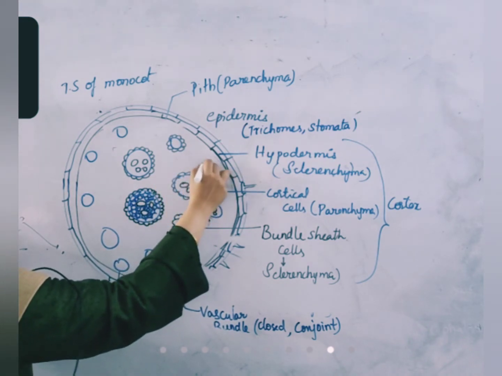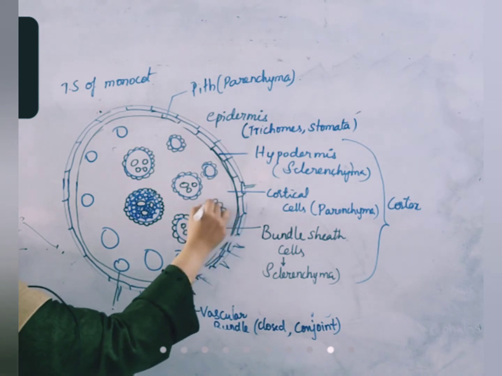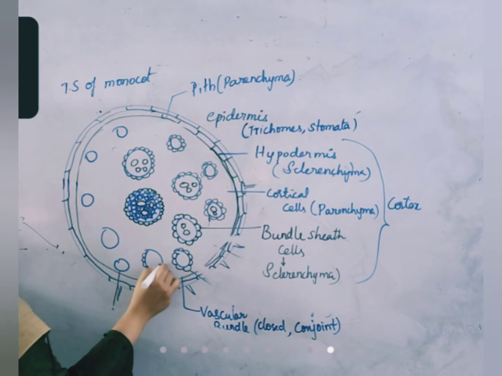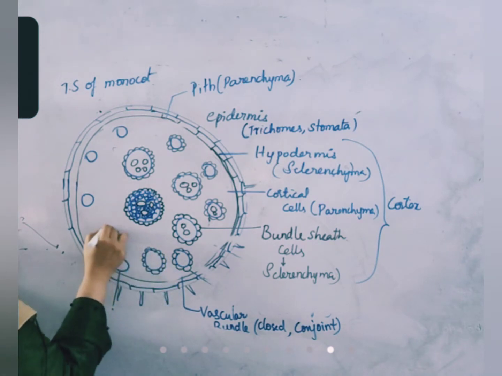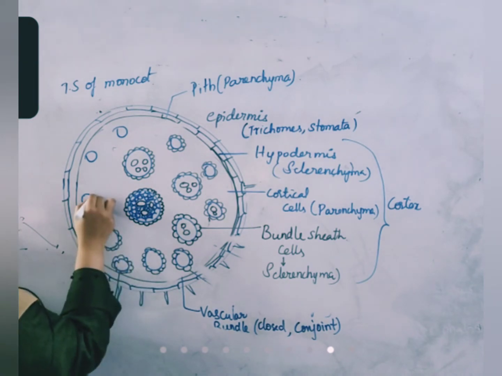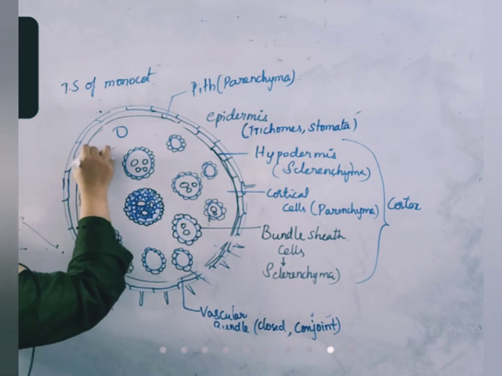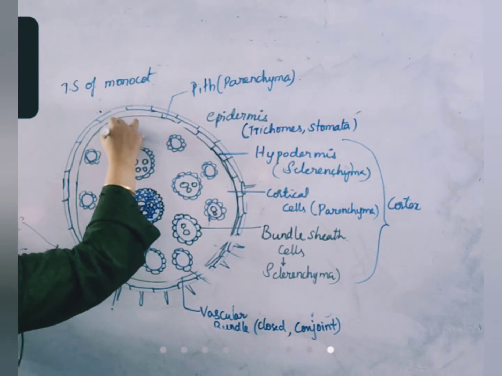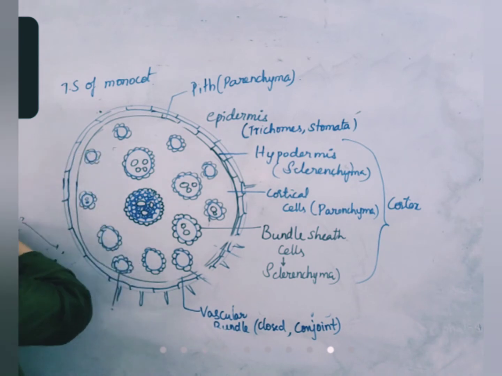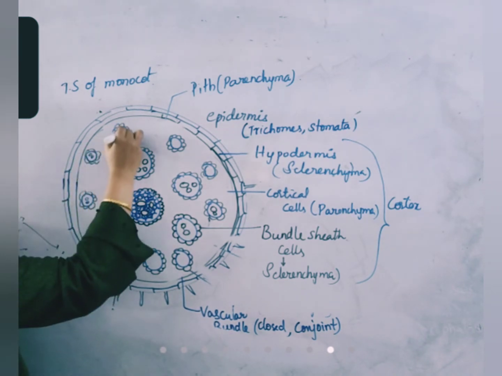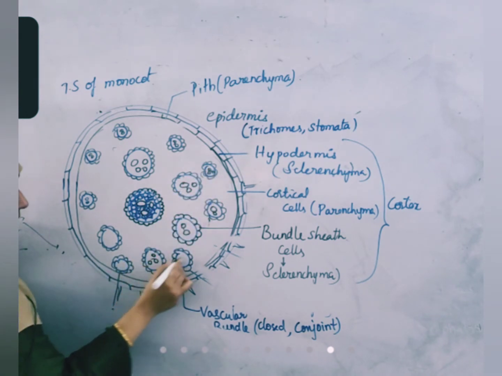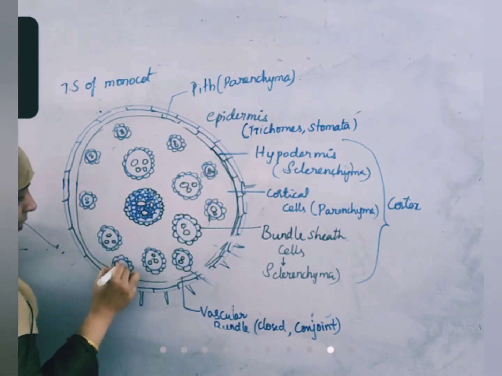These all are bundle sheath cells. In between all the tissues, there is xylem. Few patches of xylem.